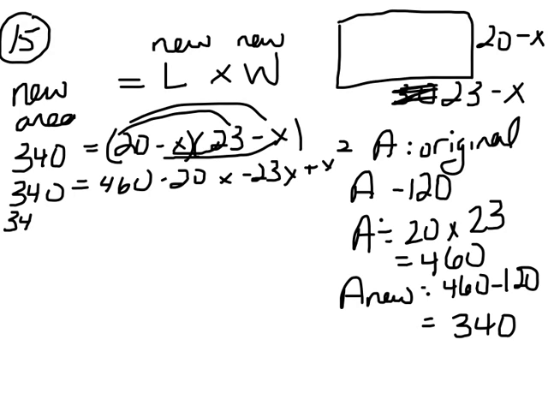Before I do that, let me just clean it up a little bit. I'm going to put my x squared first, my x term next. Minus 20x minus 23x would be minus 43x. And then I have a plus 460, but I'm just going to subtract the 340 from both sides.